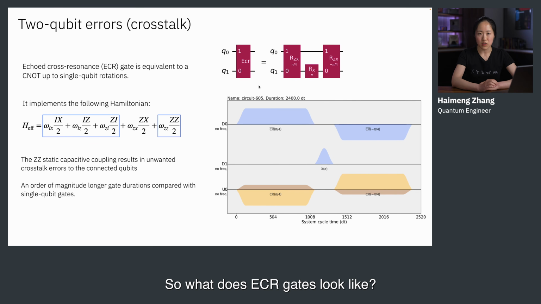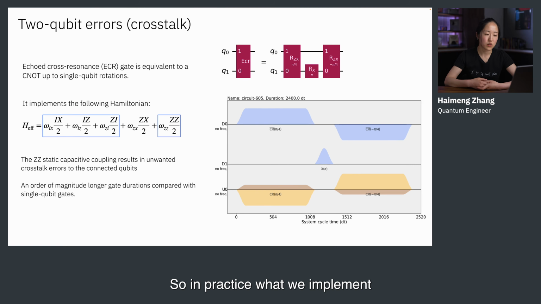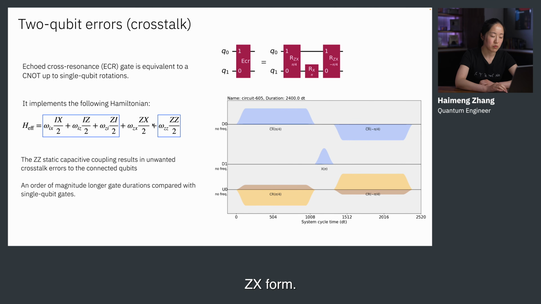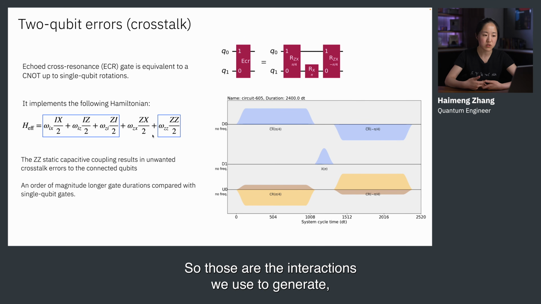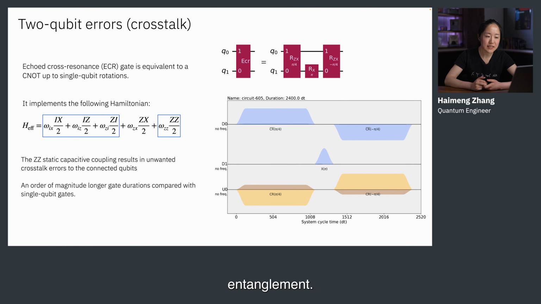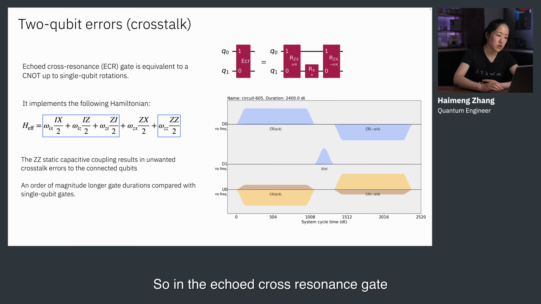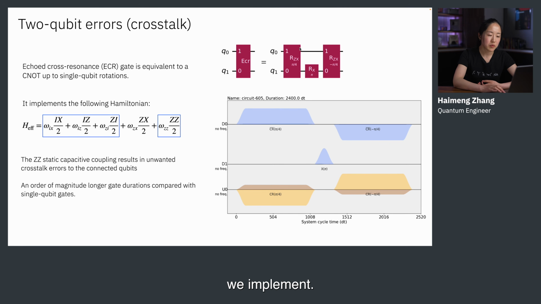So what does an ECR gate look like? In practice, what we implement is a Hamiltonian of the ZX form. Those are the interactions we use to generate entanglement between two qubits. In the echoed cross-resonance gate, we implement RZX rotations with opposite amplitudes, pi/4 and minus pi/4, back-to-back, with a single qubit RX rotation gate in between.